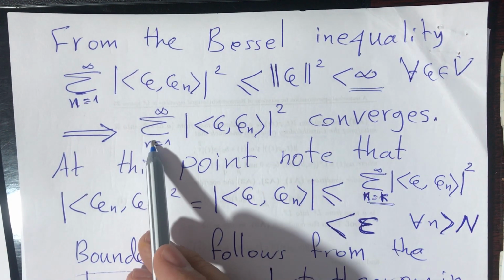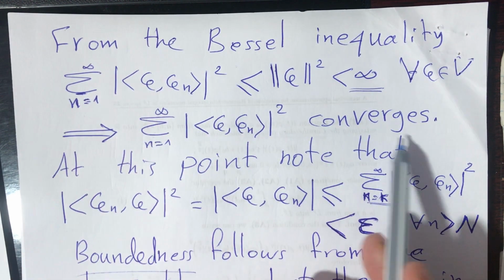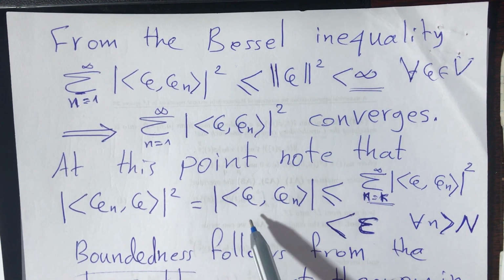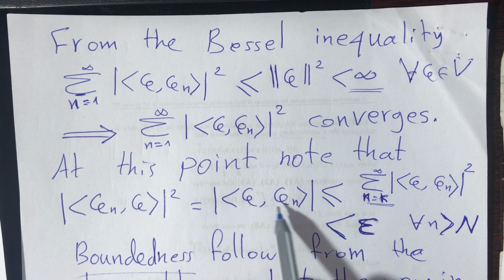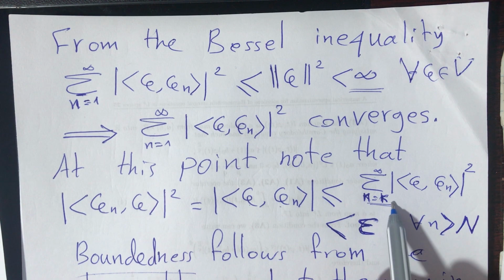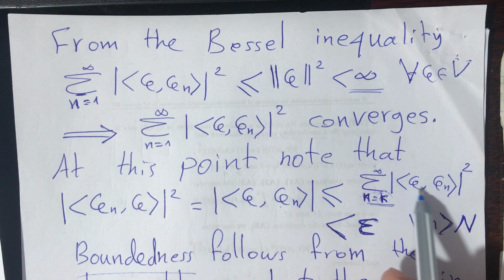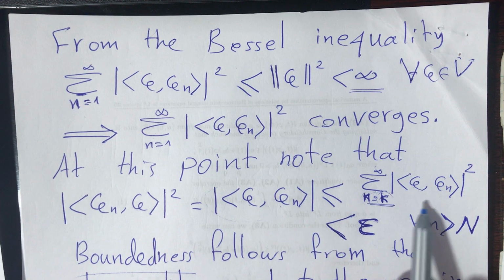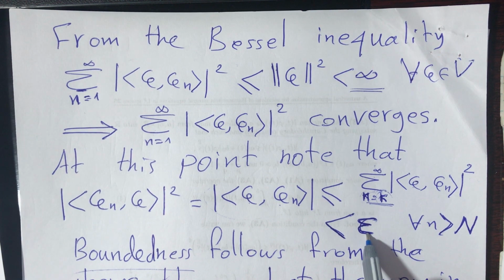So this series converges. At this point, note that the inner product of phi n and phi is less than or equal to, taking n large enough, the summation from k to infinity. Of course this will be less than epsilon, because the series converges.